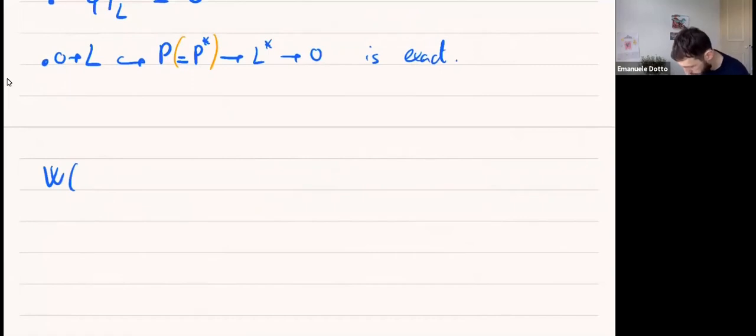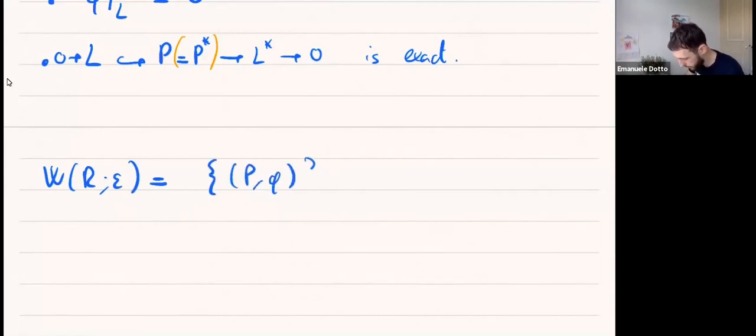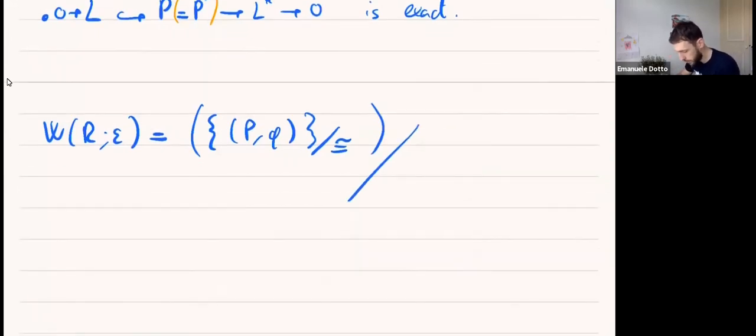Now I can define another group which will play the role of the co-fiber, or the co-kernel, of this hyperbolic map, which is called the big group. I start again from these isomorphism classes of forms as before, and I mod out by the submonoid generated by forms that admit a Lagrangian. So I declare a form to be 0 if it admits a Lagrangian.